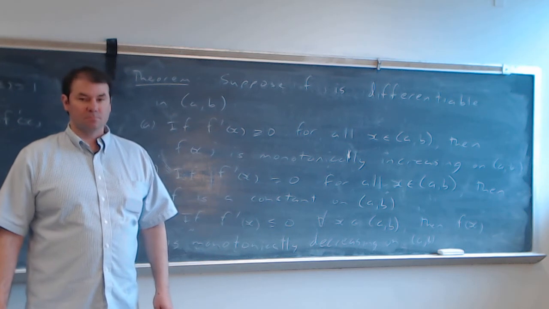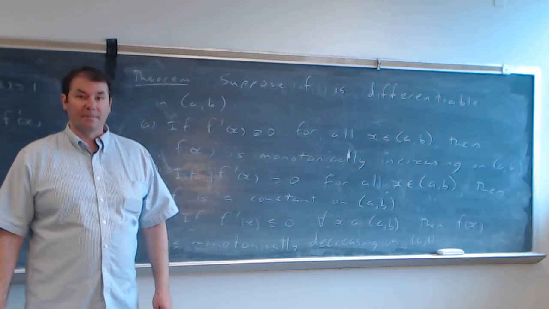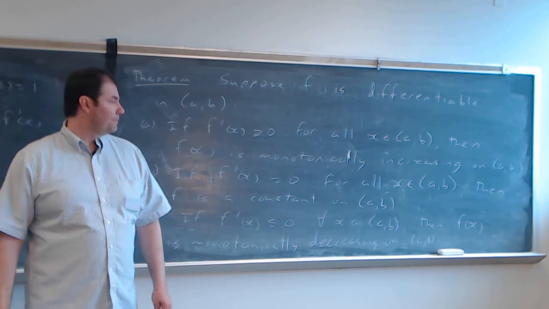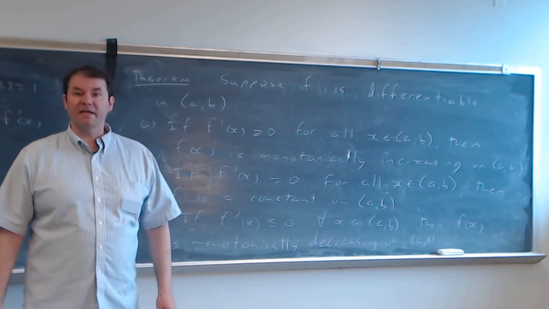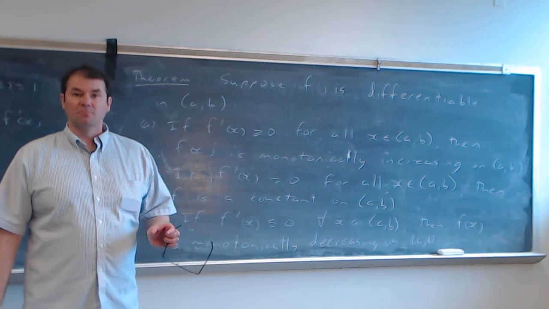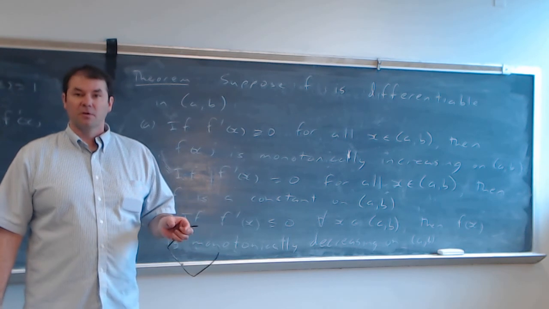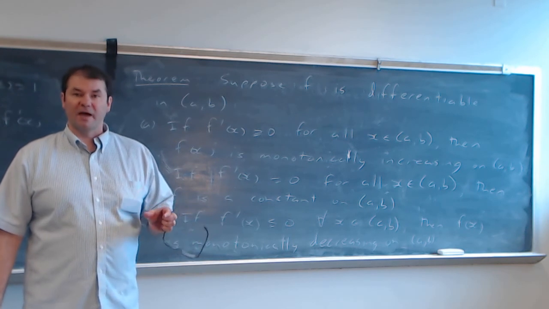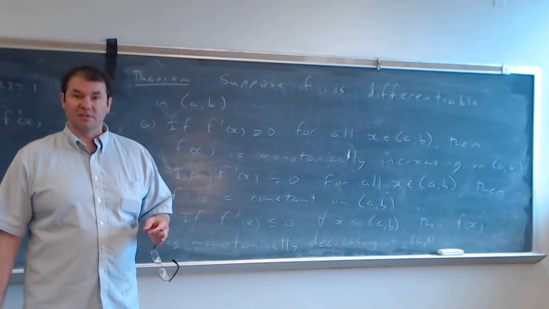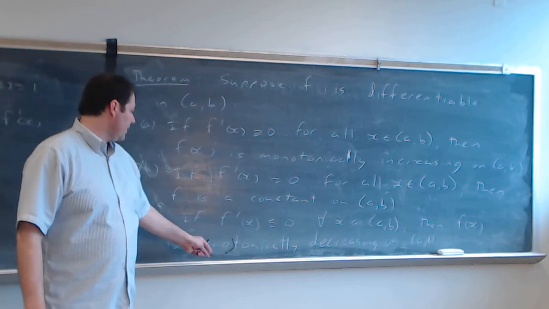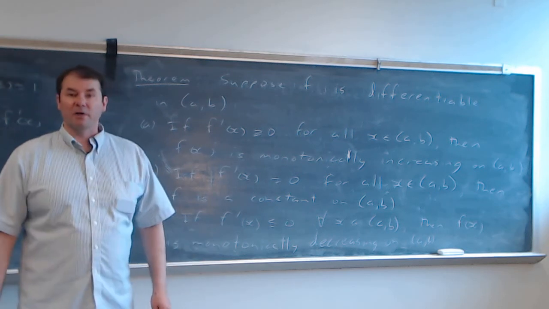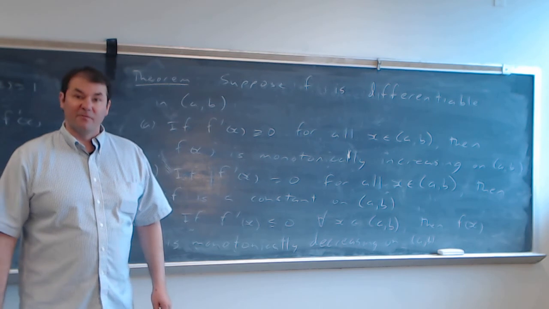If you have a real valued function defined on A to B, then to be increasing is if you take any two values in between A and B, one smaller than the other, then f evaluated at the smaller value is less than or equal to f evaluated at the bigger input value. That's what it means to be increasing, so less than or equal to here. For decreasing, the inequality flips. F of the smaller guy is going to be bigger than or equal to f of the bigger input value.